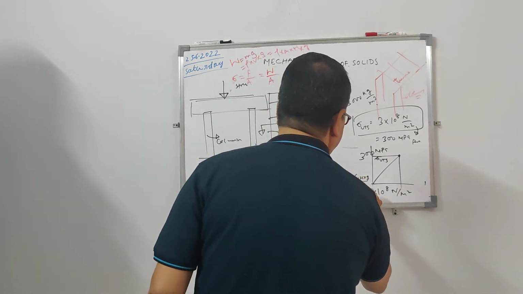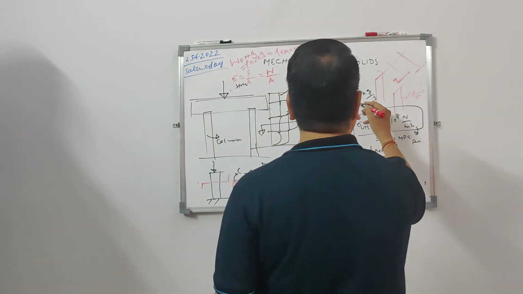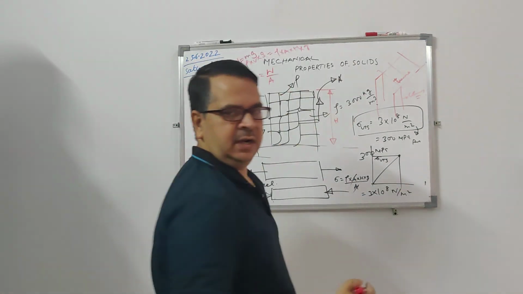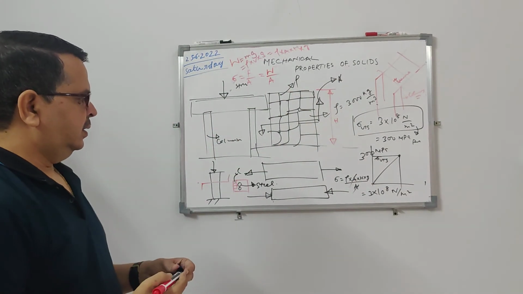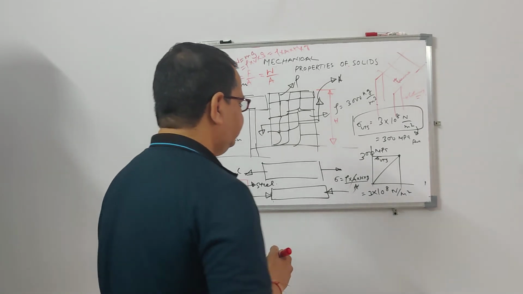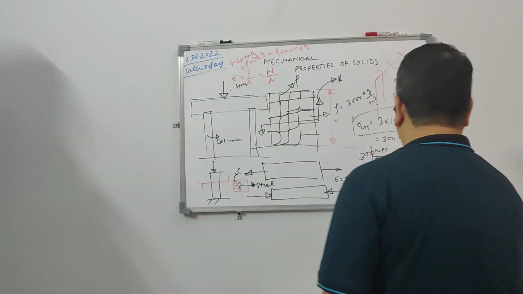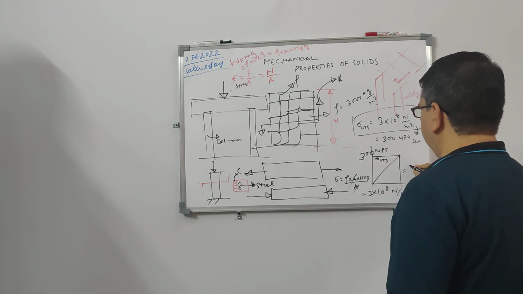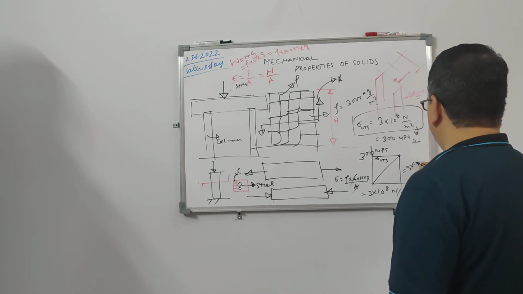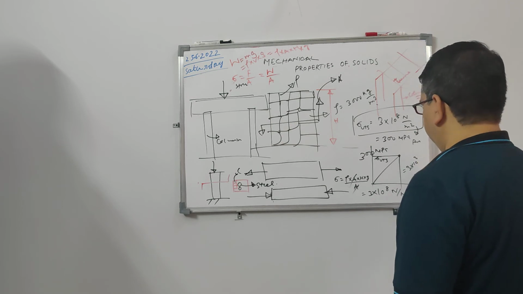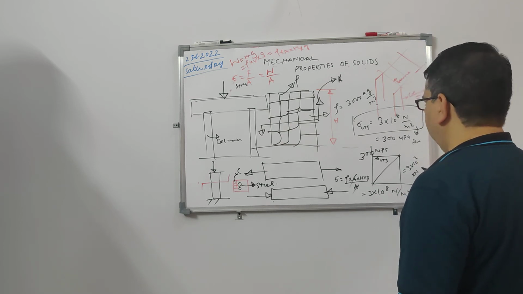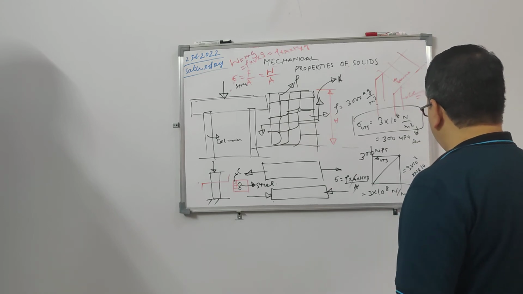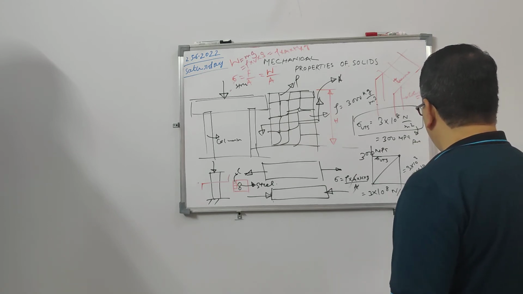Now the A cancels, and the density of rock, you know it, is 3000 kg per meter cube. You know g is equal to 10 meter per second square. So 3 into 10 to the power 3, into 10, into H is equal to 3 into 10 to the power 8.